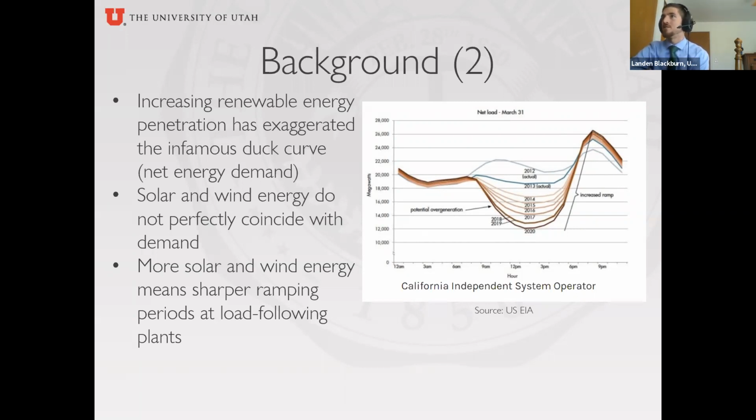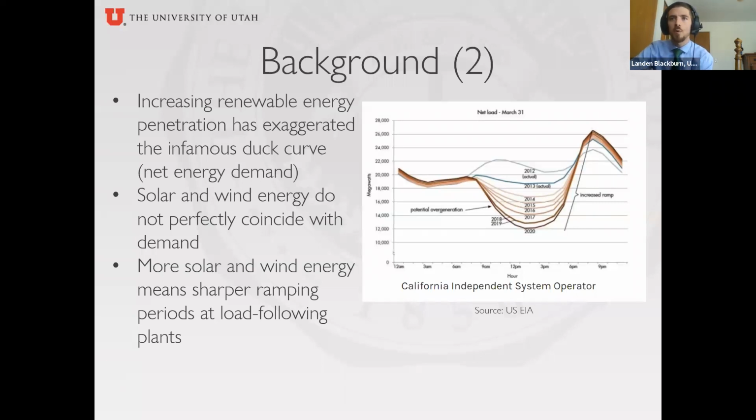In some cases they're maybe not really designed to ramp that fast, but we've modified them to do so. This is mostly met by natural gas plants, but an interesting development in the last few years is that a lot more coal-fired power plants have been jumping on board with this mode of operation, where rather than doing what we call base load energy production, they start doing load following, where they're given a profile they need to meet, and they increase and decrease their electrical output in real time.